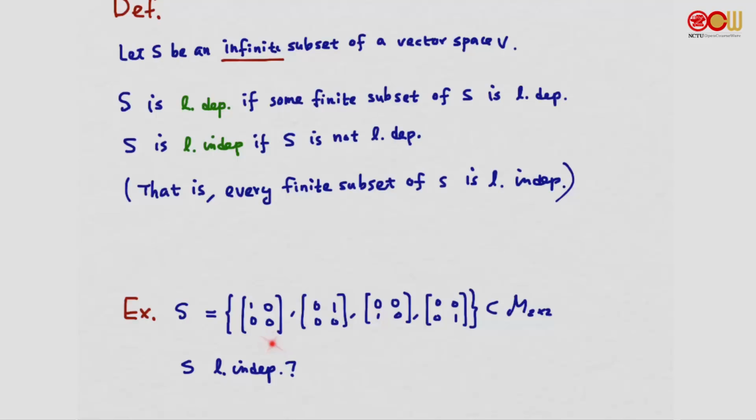It has only 4 vectors. So the definition of linear independence is the same as the case of Rn. How can we determine whether or not it is linearly independent?